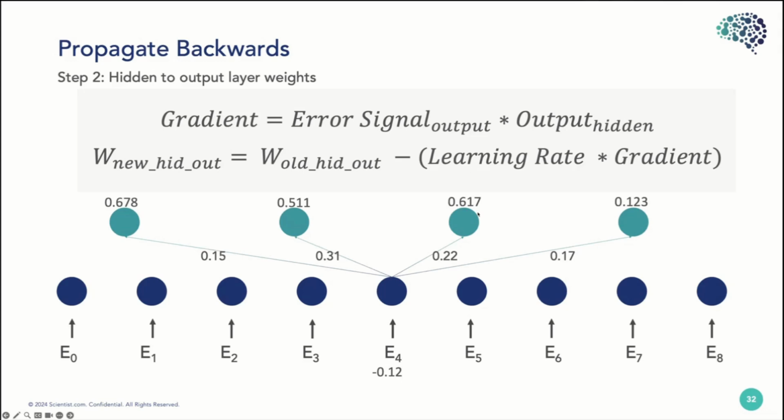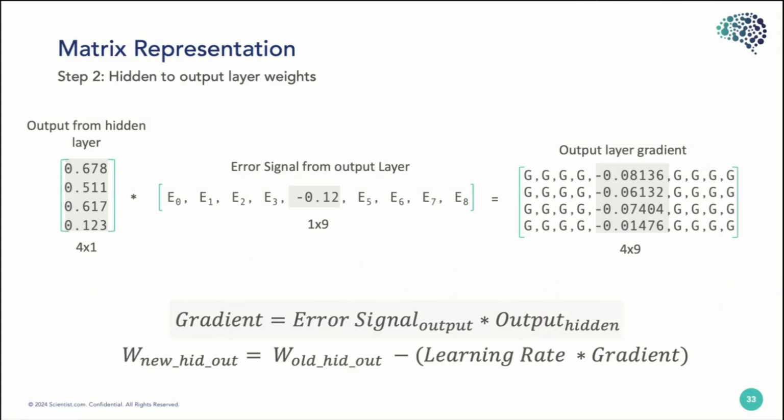The matrix notation for that is a little bit different than the notation we had going forward. If you recall, going forward, we had vectors that represented inputs multiplied by matrices that represented weights. Here, we're doing the opposite. This is our error signal, the vector that we're feeding backward into the network. This is the input that it received, and we're exploding that out into a full-blown matrix.